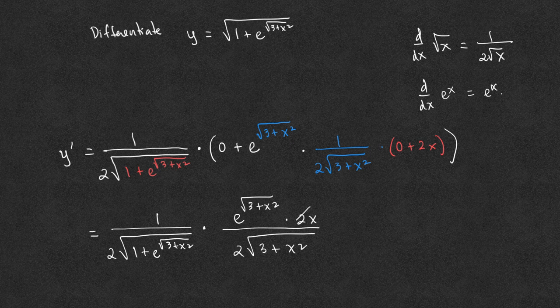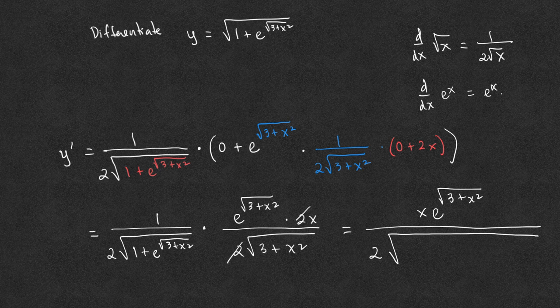The factor 2 cancels out, and so the numerator is now x times e raised to the radical 3 plus x squared. The denominator is 2 times the radical times the radical, and so we can combine them into the same radical. The first factor is 1 plus e to the power radical 3 plus x squared, and the second factor is 3 plus x squared.